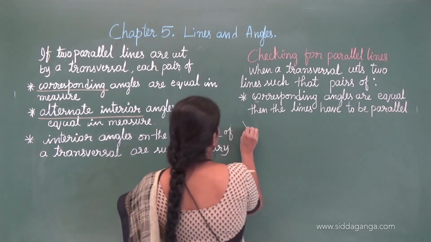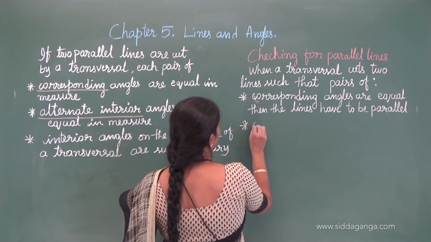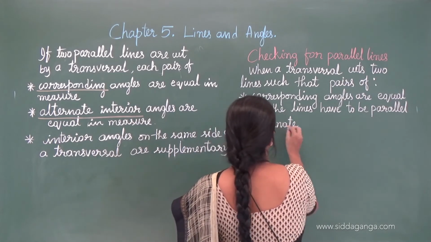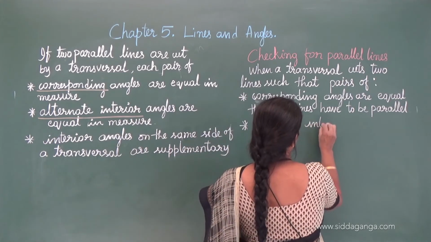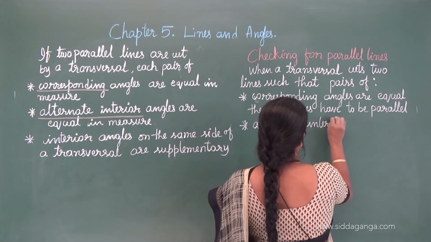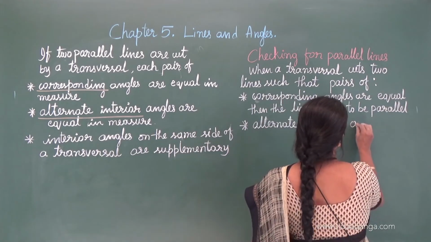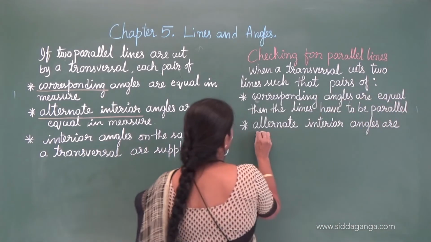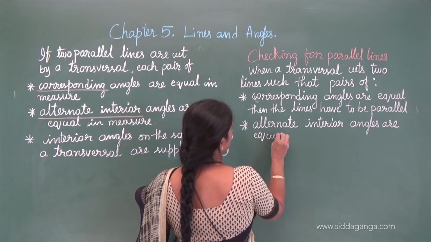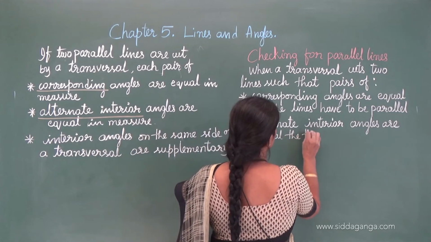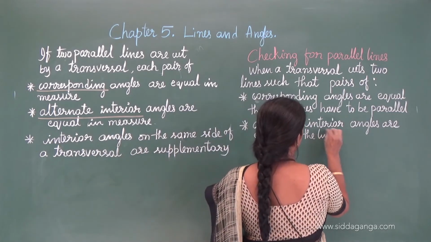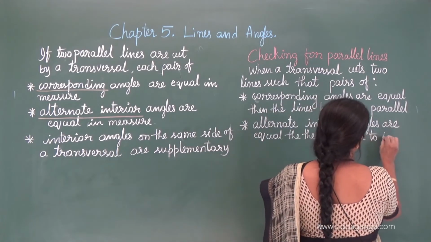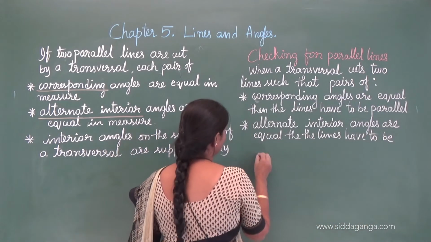And the second one is if alternate interior angles are equal, then the lines have to be parallel.